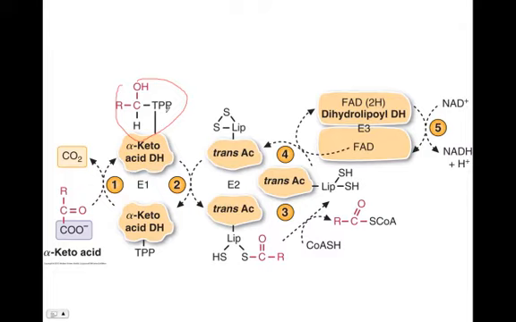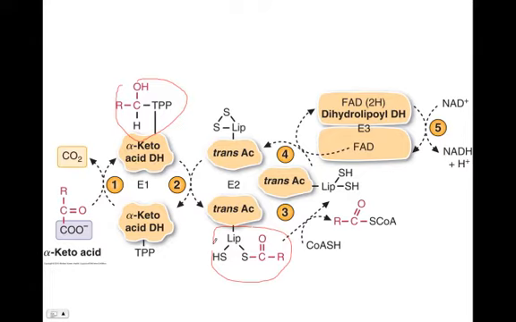So the second step requires lipoamide, shown here. And at this point, the 2-carbon unit is transferred from the alpha keto acid dehydrogenase to lipoic acid to generate this intermediate.